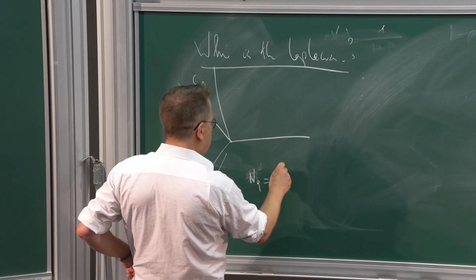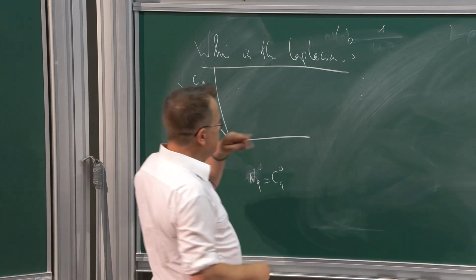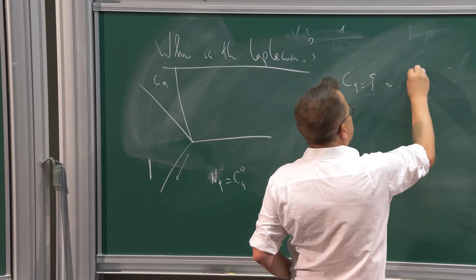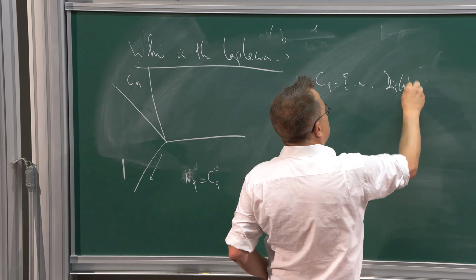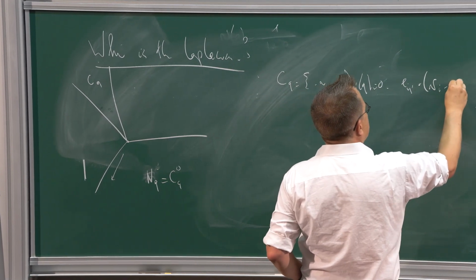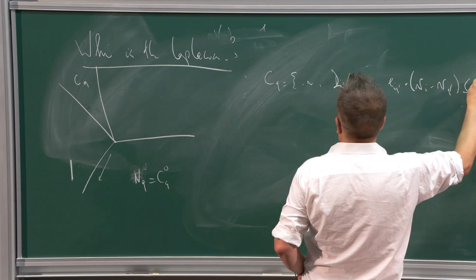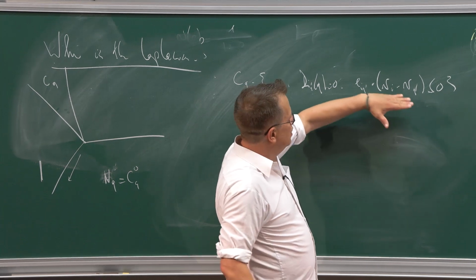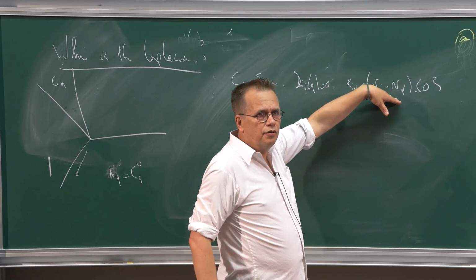That is CQ polar. And how is it defined? CQ, if you remember, is the set of v such that when you have dij(q) equals 0, you have eij dot (vi minus vj) less than 0. So this is a linear condition on the velocity.